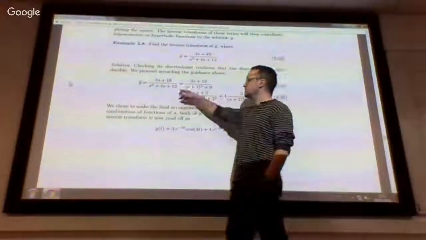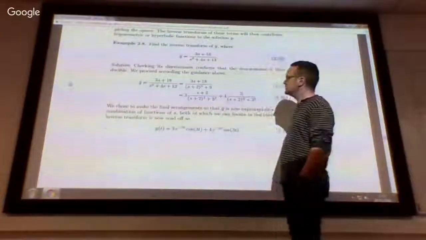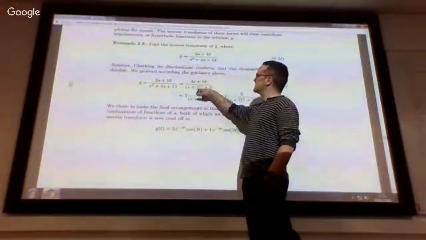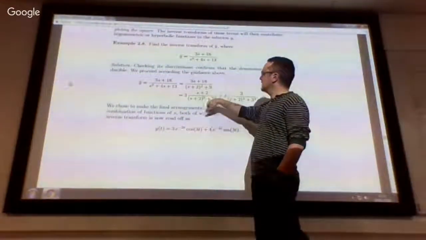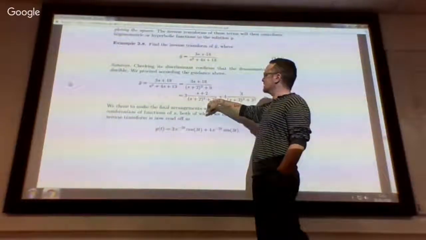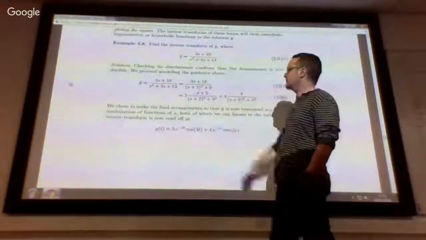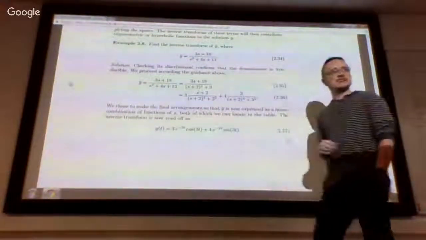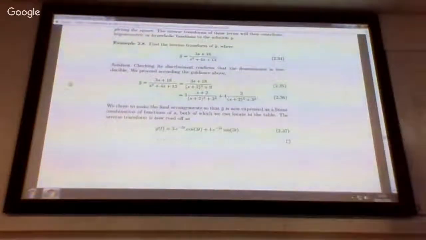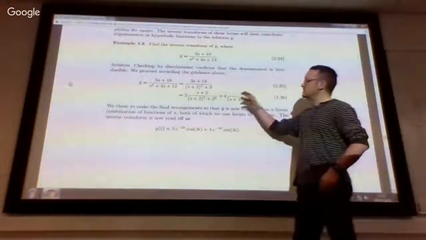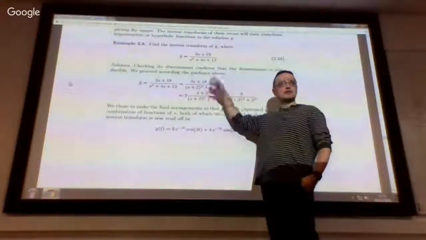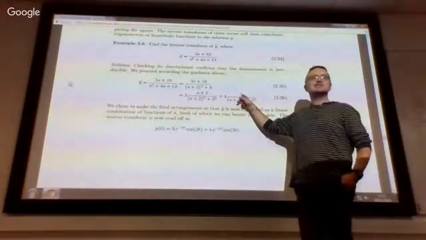That's what you get when you complete the square on this polynomial here. So we already recognize that we're talking about an s plus a with a equals 2 and a plus omega squared with omega equals 3. But then you've got to look at that numerator, 3s plus 18, and see how you can break that down. So it's either in the form s plus a, which was one choice of the numerator from the table, or with the constant omega.